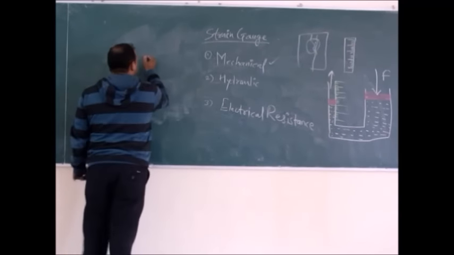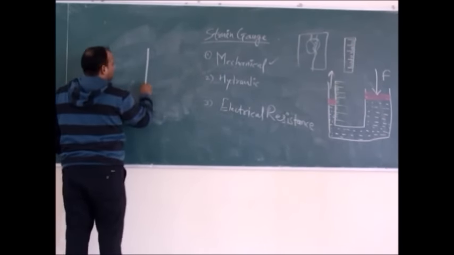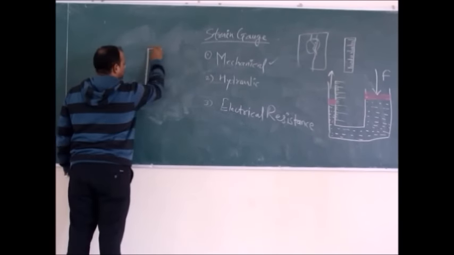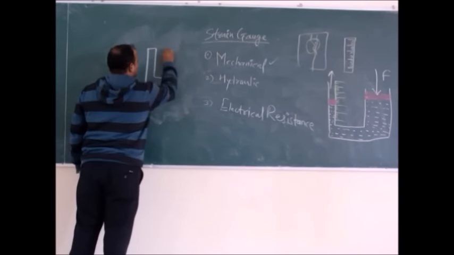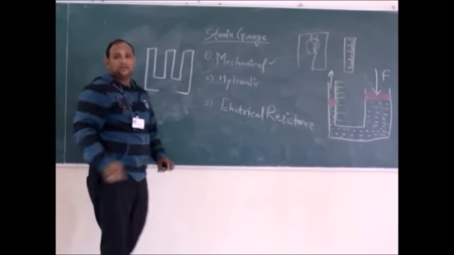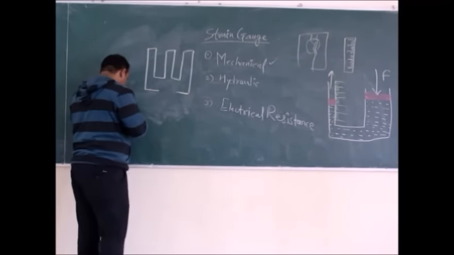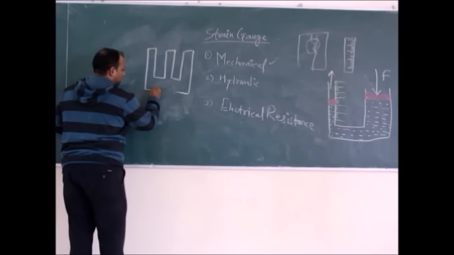So how does it look like? We are going to see that first. It is made up of a metal strip. It looks like this. And this metal strip is having a layer at this section.